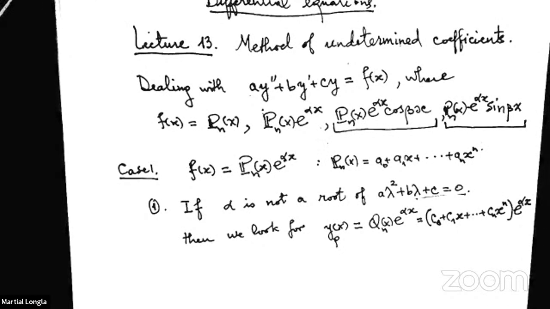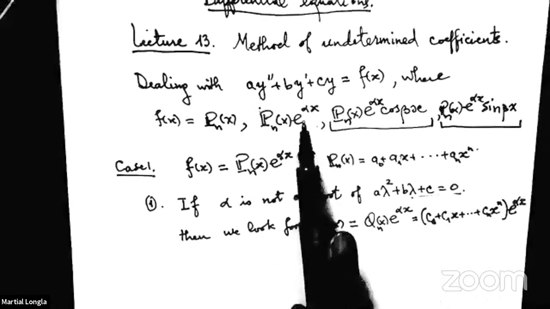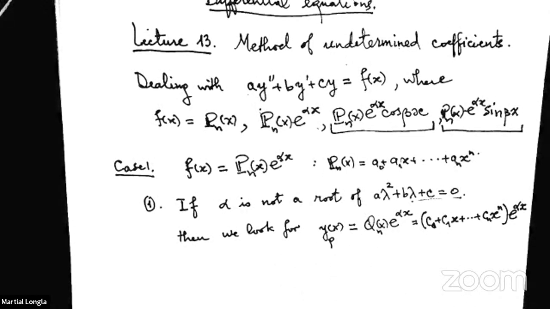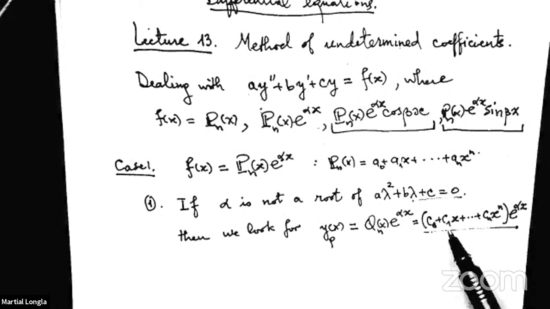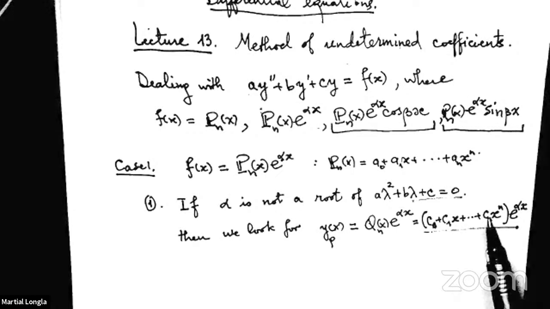alpha x. And the method of undetermined coefficients actually means what? That we take this problem and then we just write down this polynomial with these unknown coefficients c0, c1 all the way up to cn. We take derivatives, and when we plug into the equation we try to see what are the values of c0, c1, cn for which this function is a solution.